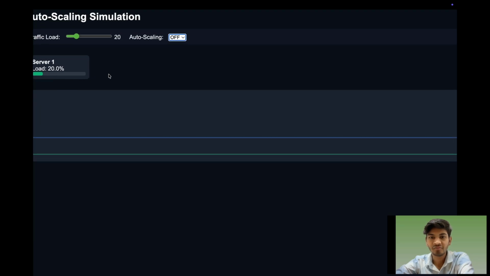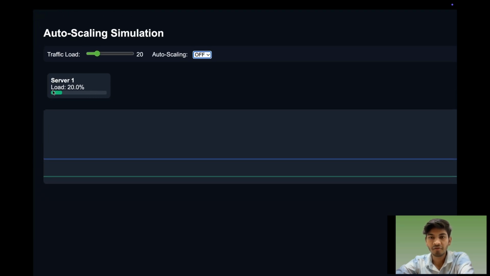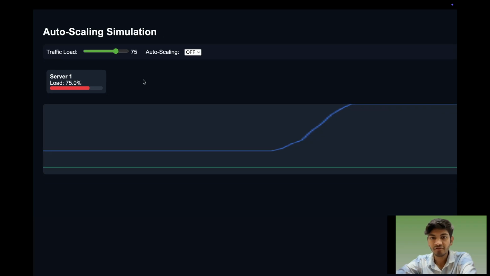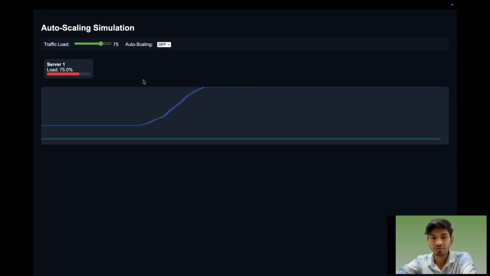Let's simulate a sudden spike in traffic. Right now, the traffic is low and we only have one server running. Its load indicator is green, which means it's handling the workload comfortably. Now watch as I increase the traffic slider. As the traffic rises, the server load also increases.